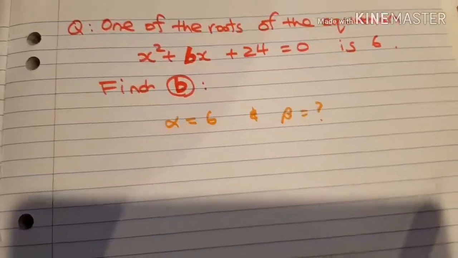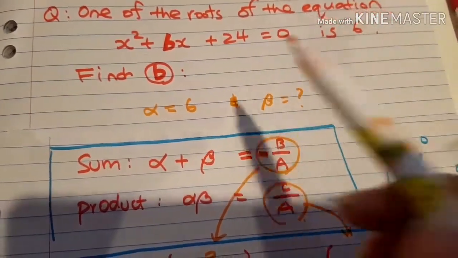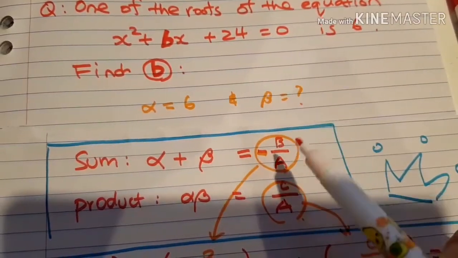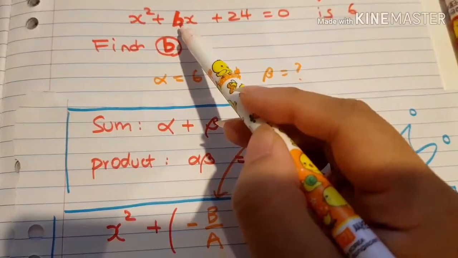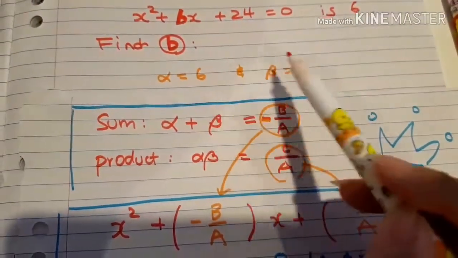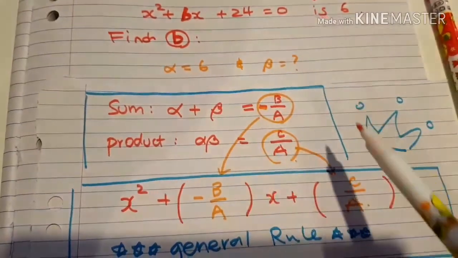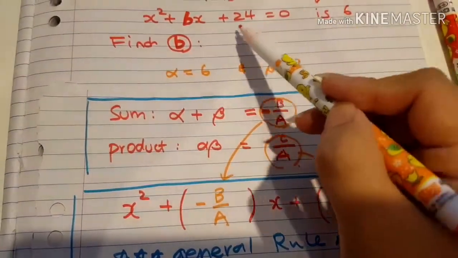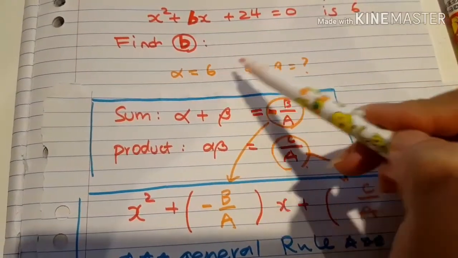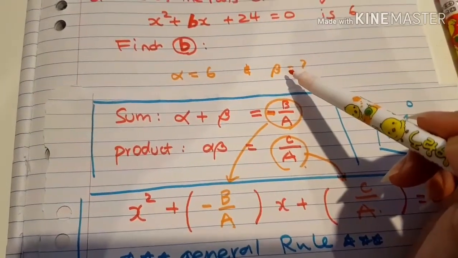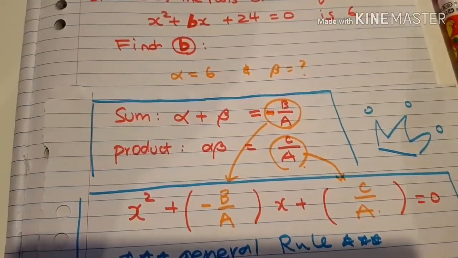The sum of them with a negative would be the value b. Whereas if I multiply them, it will be over here, the constant. So if I multiply them, I should get 24. Do you see where I'm coming from?